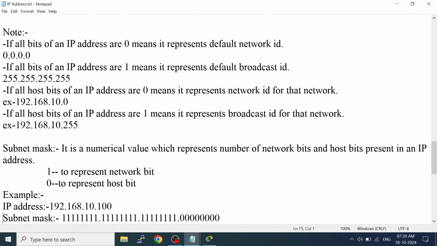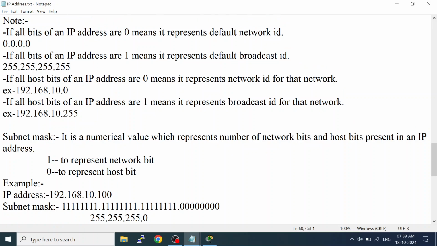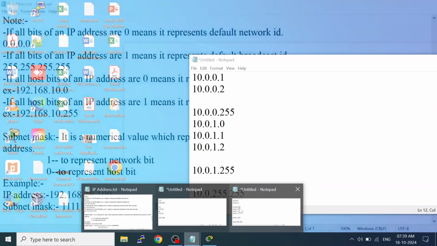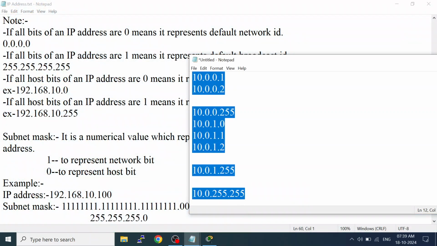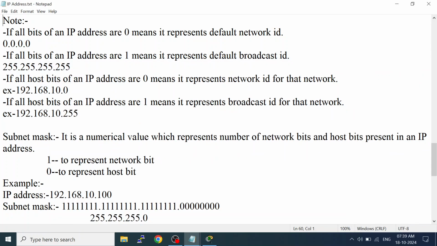Now the next, notes. So these notes are for what? To find out invalid IP addresses. So if any IP address starts with 0, or we write 0.0.0.0, it means all bits are 0. All bits means all 32 bits in binary.